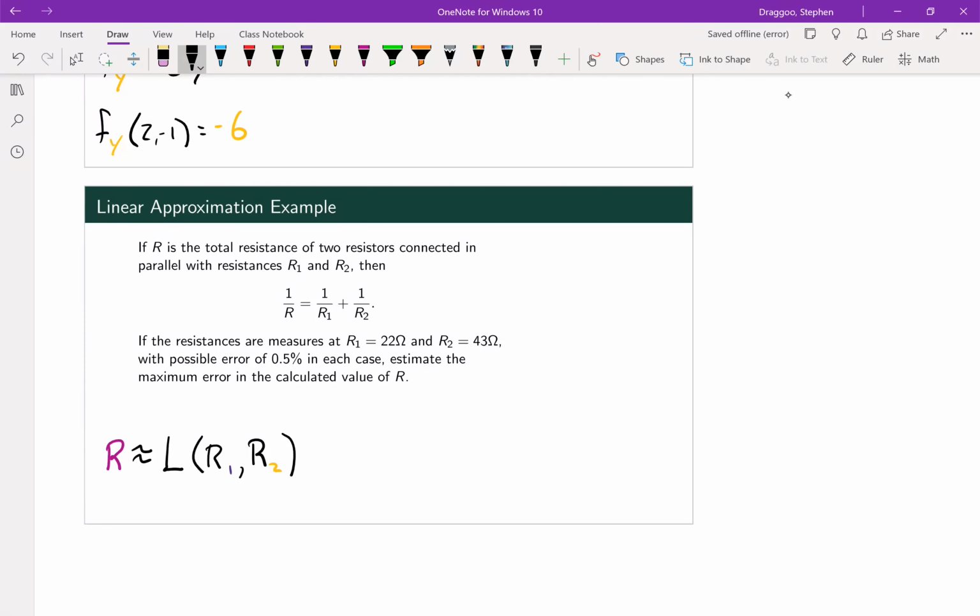So our big R, the total resistance, again, is approximated by the linearization, but the exact value of R, we're going to say is the function f of R1 and R2. So just to give us a couple of definitions that we can work with.